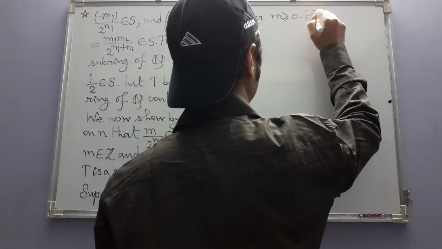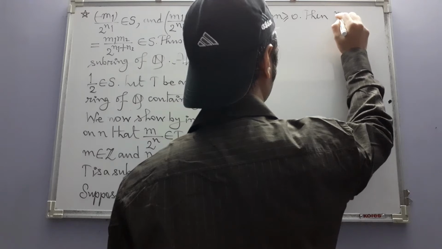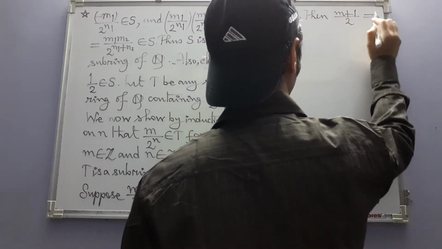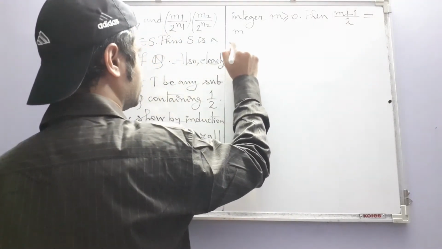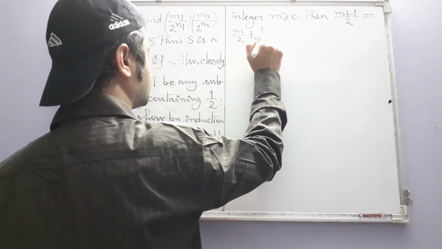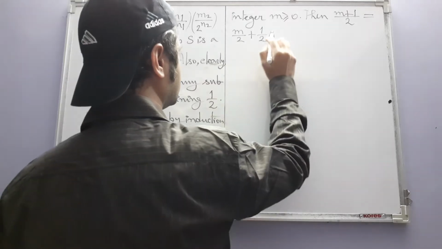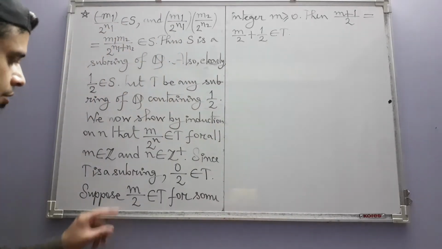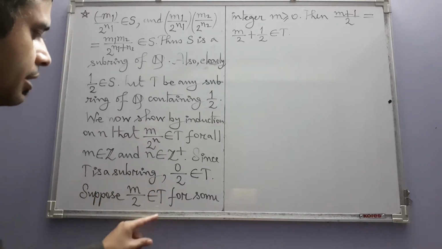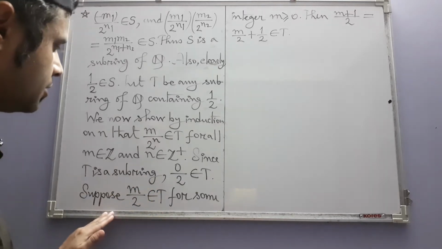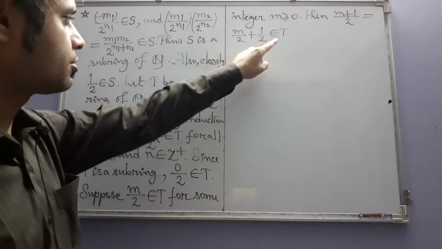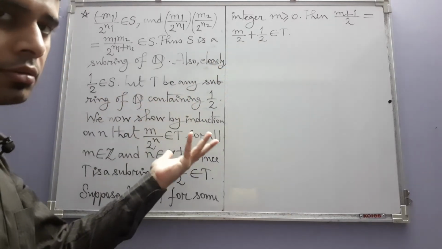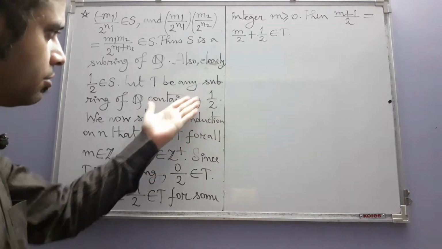Then (m plus 1) divided by 2, which can be written as m divided by 2 plus 1 divided by 2, this belongs to t. This belongs to t, that is our induction hypothesis, our supposition. And this belongs to t, that comes from the assumption that t is a subring containing 1 over 2.